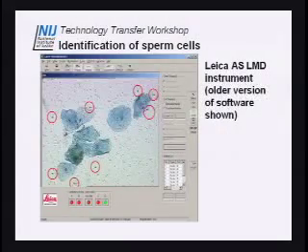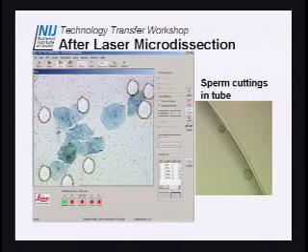So this is a picture of what you'll see on the computer screen. This is an older version of the software, what Kelly and I and Pat have. You'll have a whole bunch of controls available to you. In this picture, the circles represent the sperm the analyst has designated to collect. After dissection, this is what it would look like afterwards, cut out.